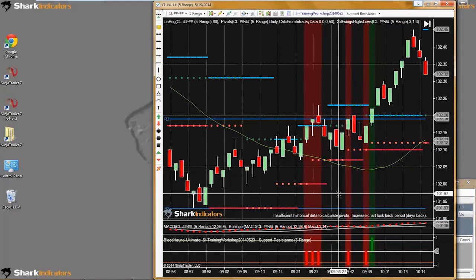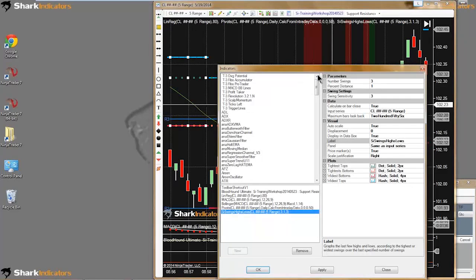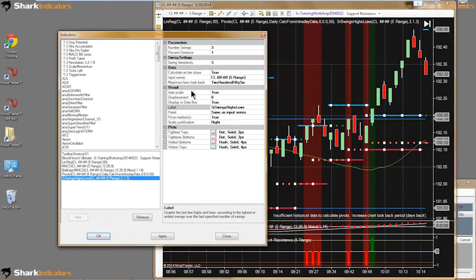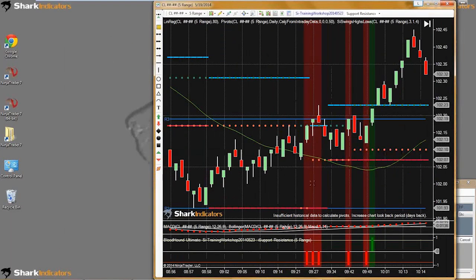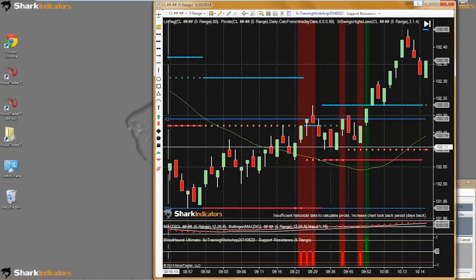We can see that okay. Let me go in and adjust the indicator here a little bit. So let's see if I change the sensitivity to 4. There we go.